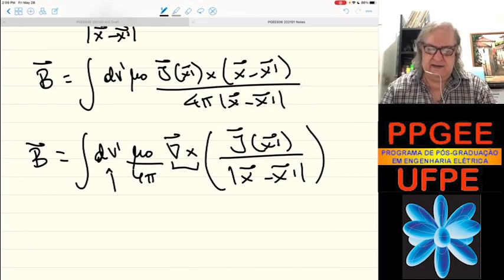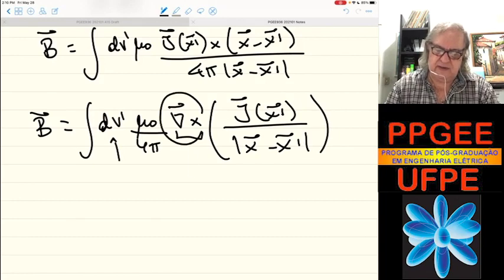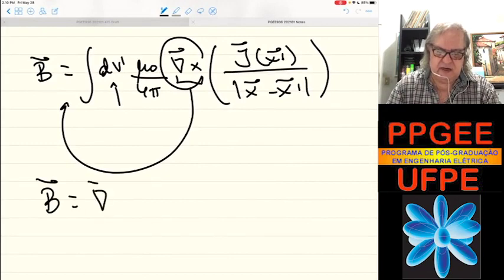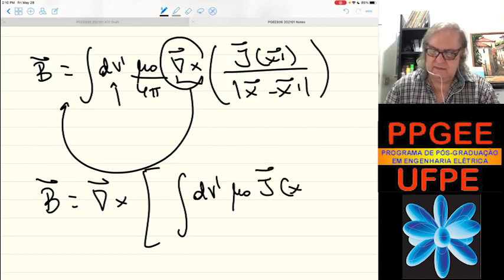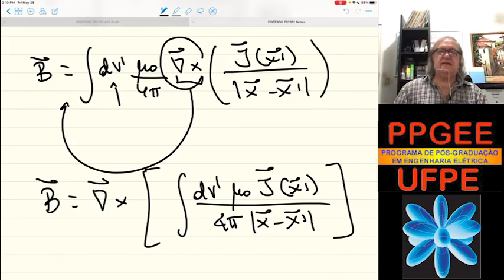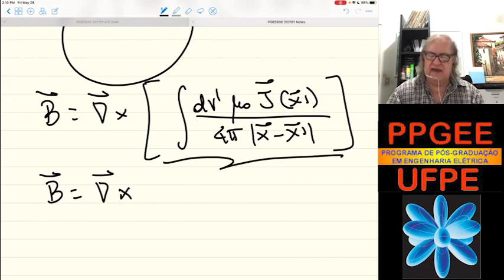The variable of integration is x prime, so I can put this operation outside of the integral. So I have B equals the curl of an integral. So that's our potential function right there within brackets. So we show that B can be obtained from the curl of a vector.